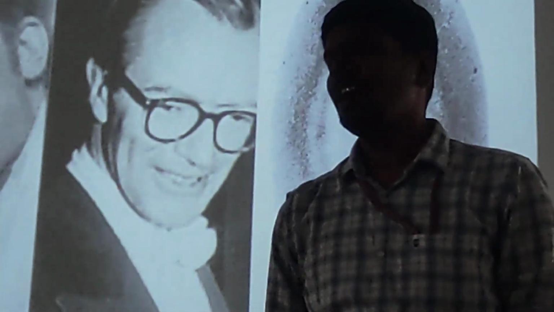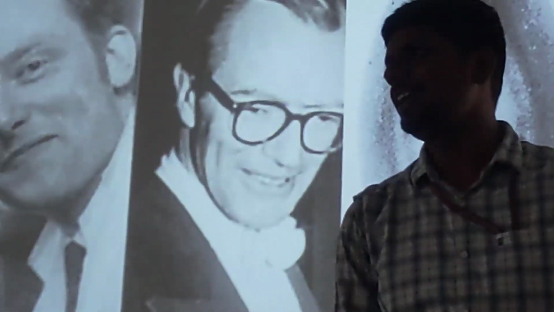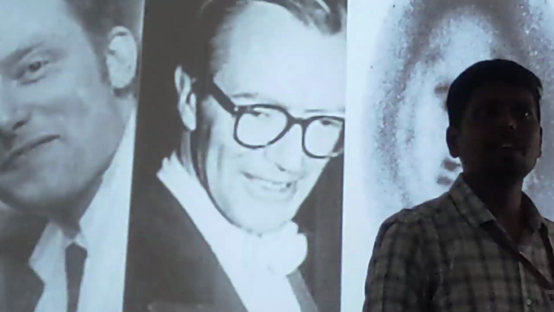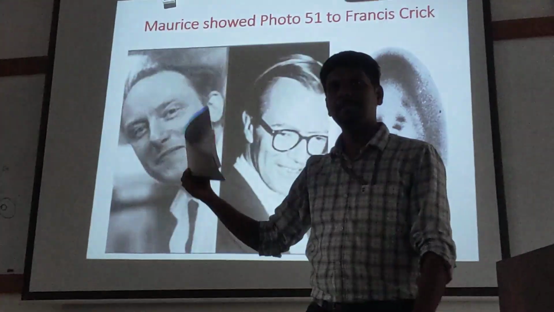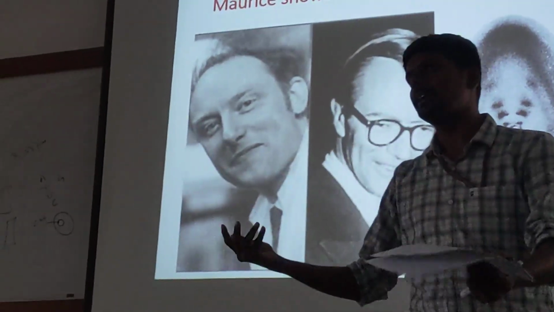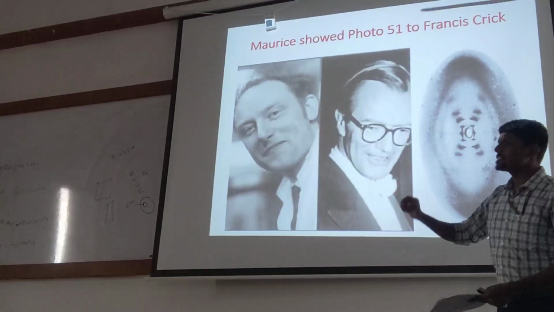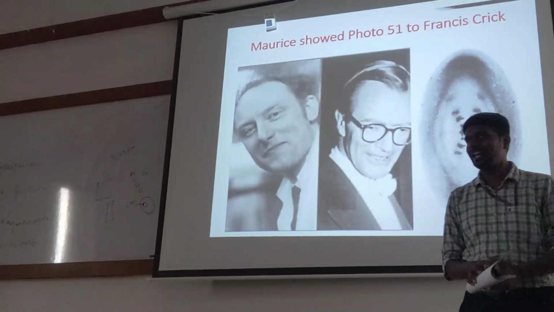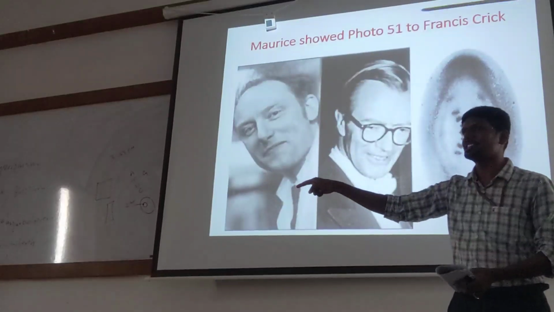Then what did Maurice do? He said, I have a lab assistant, an idiot, she doesn't know anything, she's just a waste girl. Let me show you her work. And Maurice showed her notebook to Crick. See, is this useful to you? There is an X shape. Suddenly, seeing the X shape, Crick started laughing and smiling. He understood what was going on because they were already working on the DNA structure.